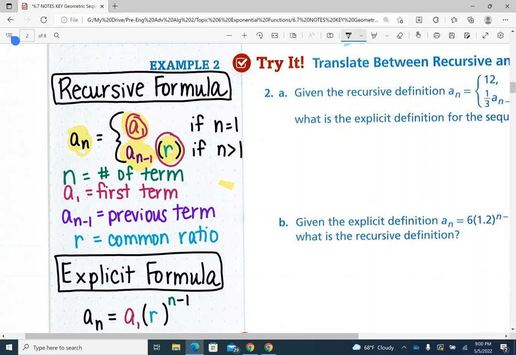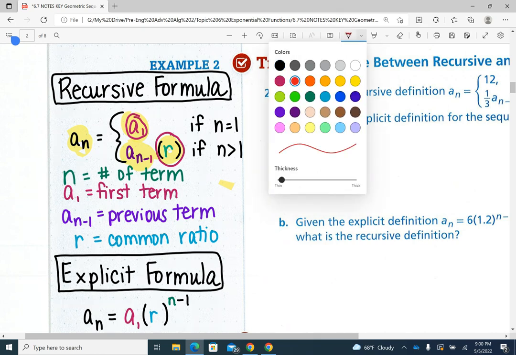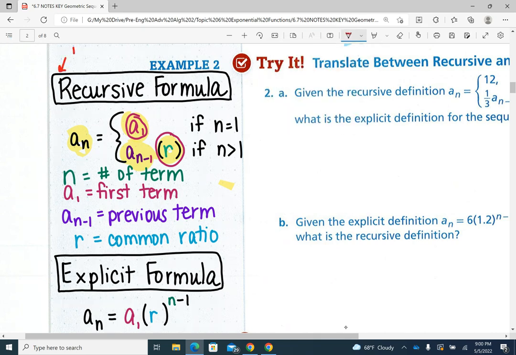R is the common ratio. N is the number of the term that you want. So we use the recursive form to define the sequence, and we use the explicit formula to solve problems.